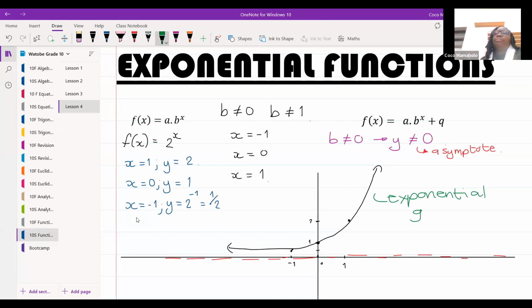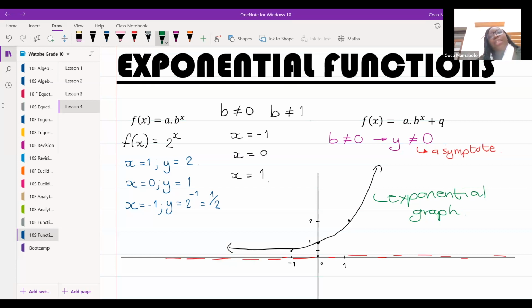Exponential graph. Yeah, that is what an exponential graph will look like. All right, lucky for us, an exponential graph also has an asymptote. So we're going to look at this graph the way that we've drawn it now, and we're going to see it this way all the time.